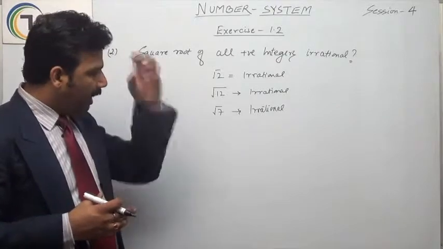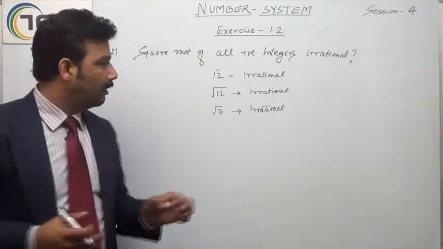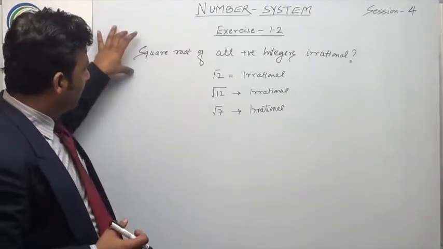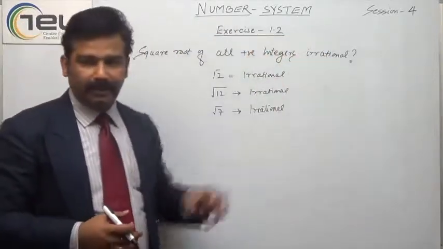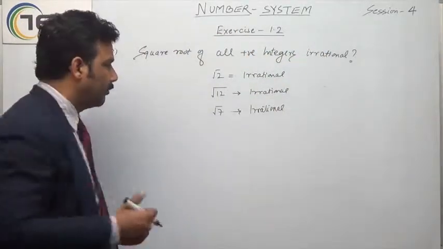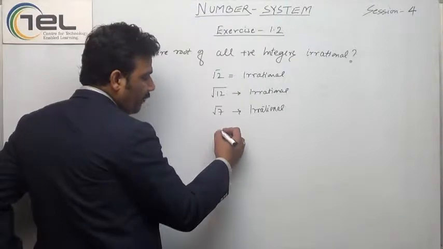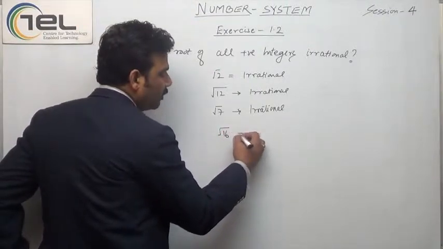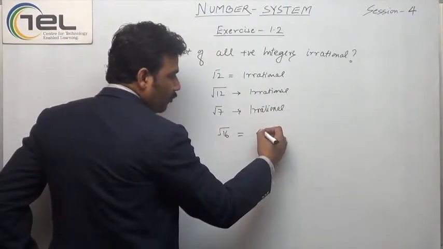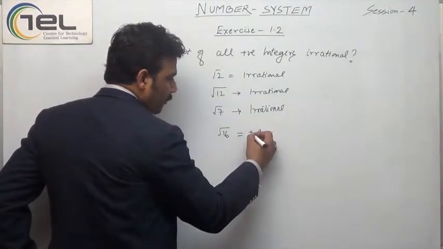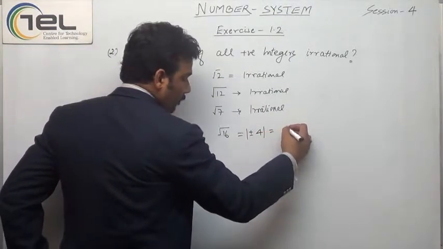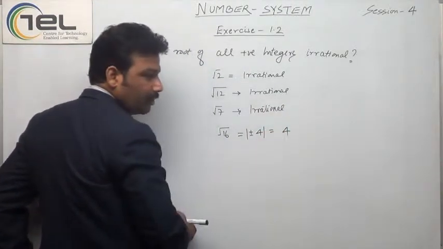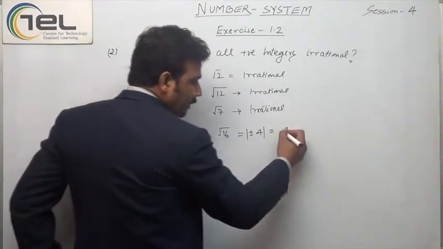But if I have even a single example which will contradict the statement, then what is the statement? For example, if I take square root of 16, what is this? It is 4, or plus minus mod of 4, which we have explained, it is 4, positive. So, is it irrational?